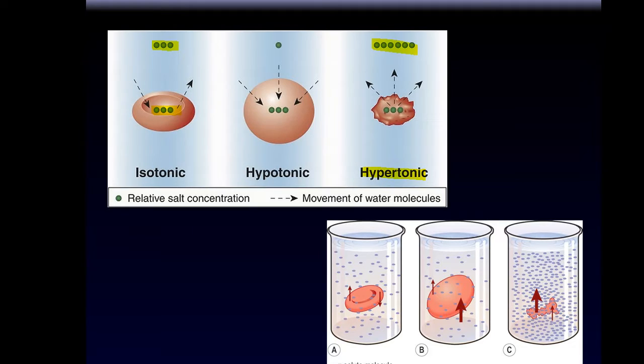Now this cell is in an isotonic solution, nothing happens. This cell is in a what? The water is going inside. It's in a hypotonic solution, so it swells. And this cell is in a hypertonic solution, so it shrinks. Okay, so it shrinks. And this happens.